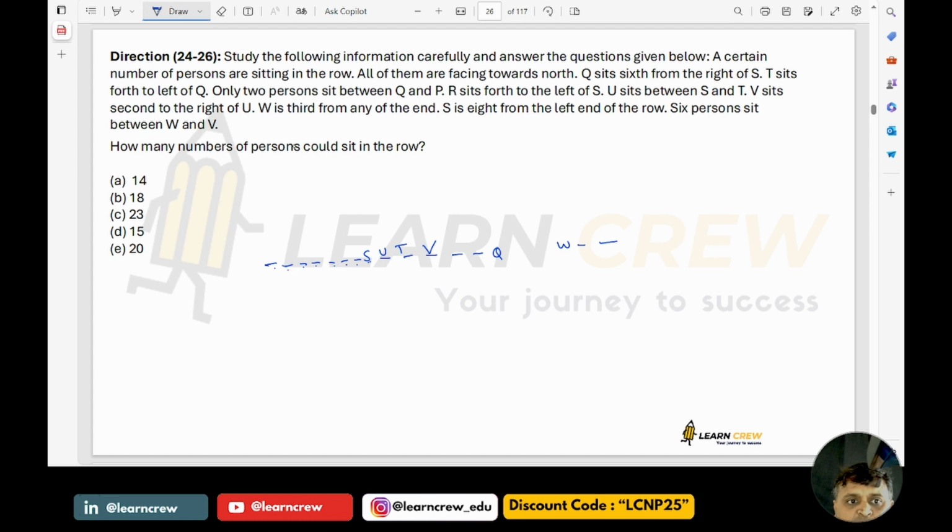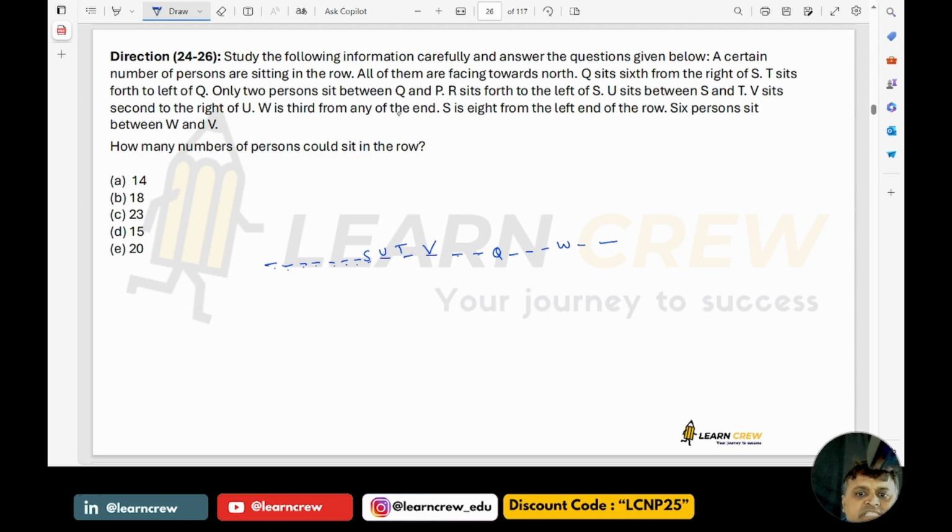Between W and V you have 6 persons. Okay, this is the arrangement: here 7, and this is S, U, T, V. Then we don't know who is here, and then again 3 blanks. Again W is there.